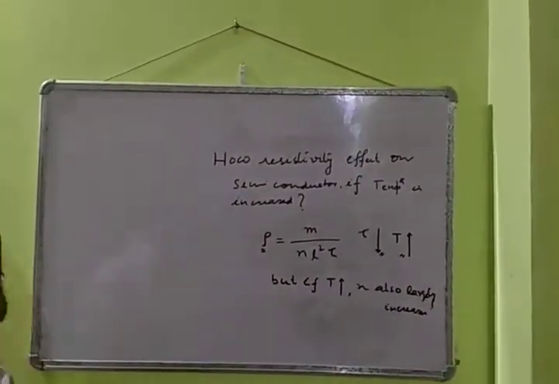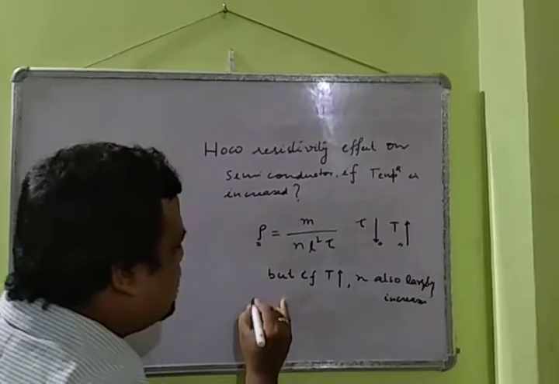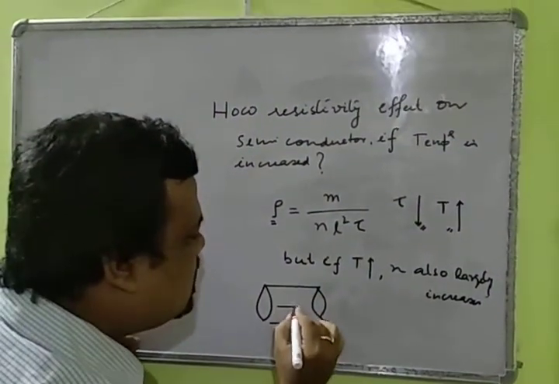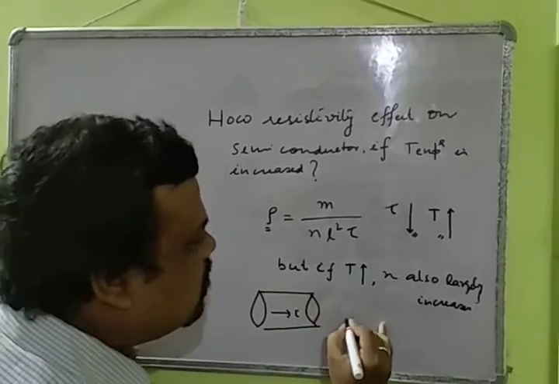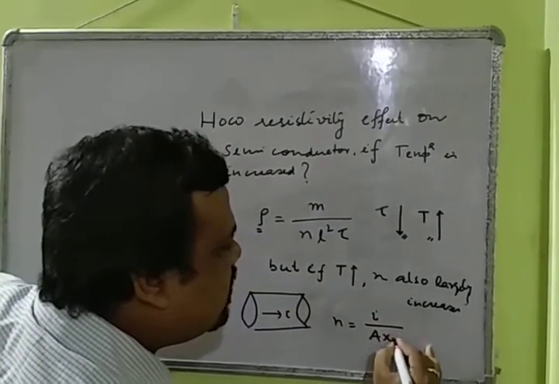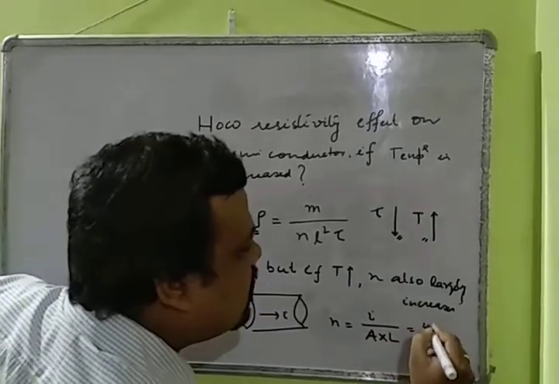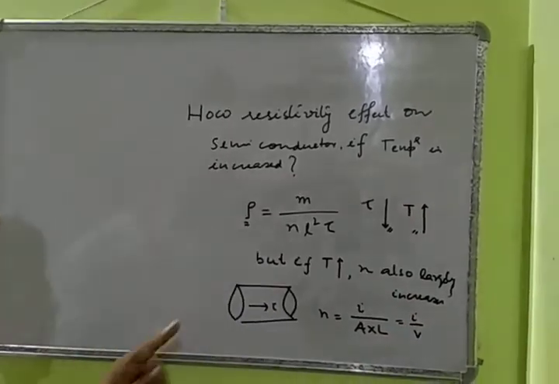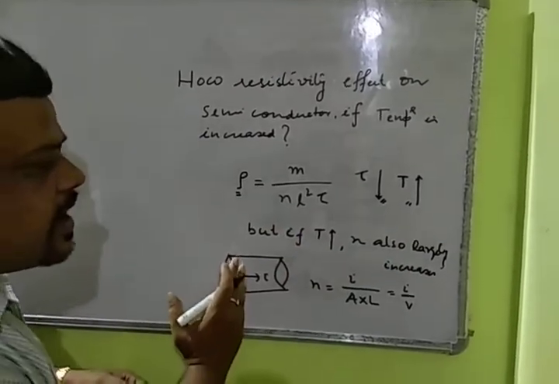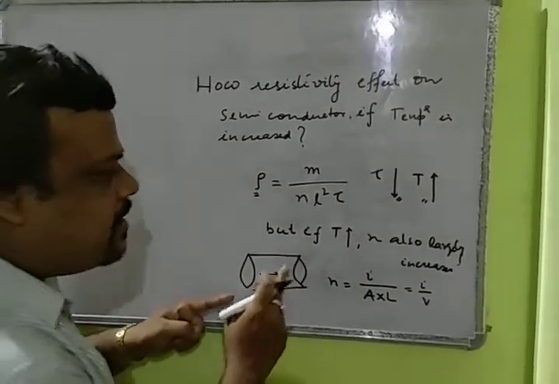It is the number density of charge carriers. Suppose there is a conductor with current I, so n means the number per volume, that is area into length. If temperature increases, the carriers increase.